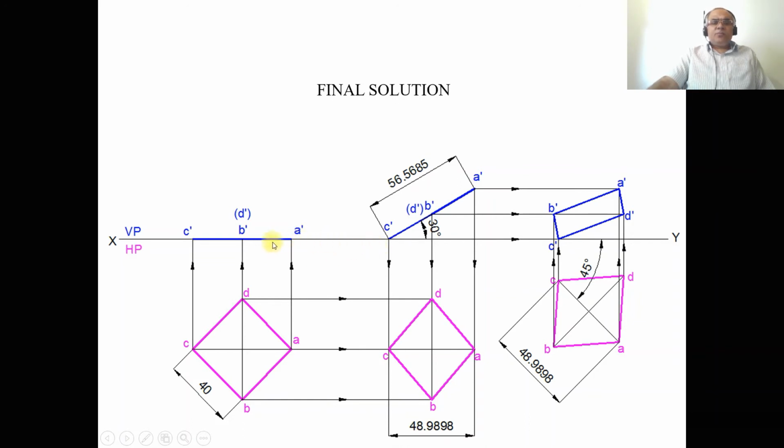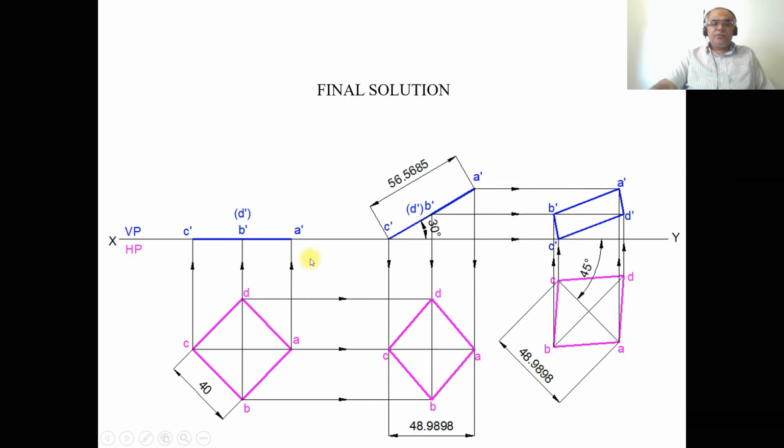Now in the second position, you take any convenient distance from the first position front view and you mark this point as C dash, and then by using the protractor with C dash as center with respect to the XY line, you measure an angle of 30 degrees and draw an inclined line.